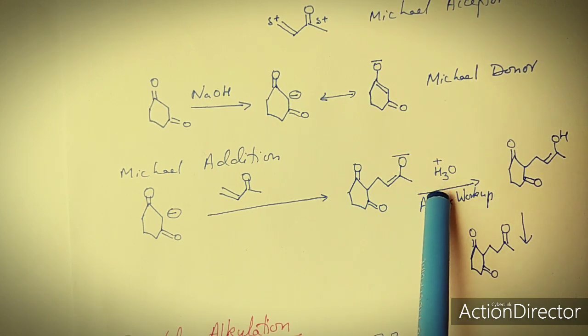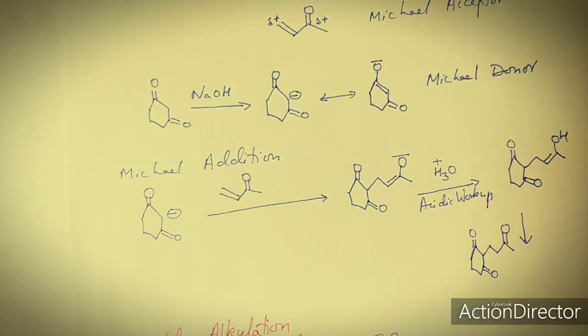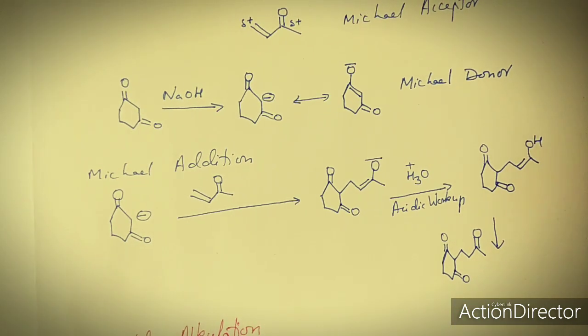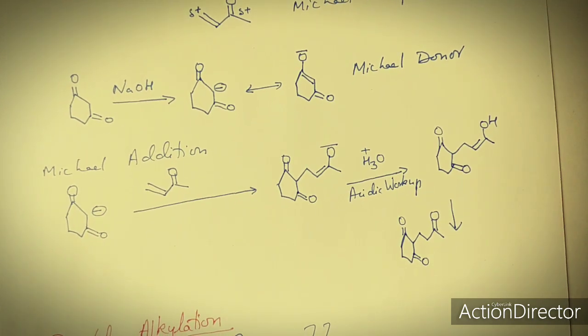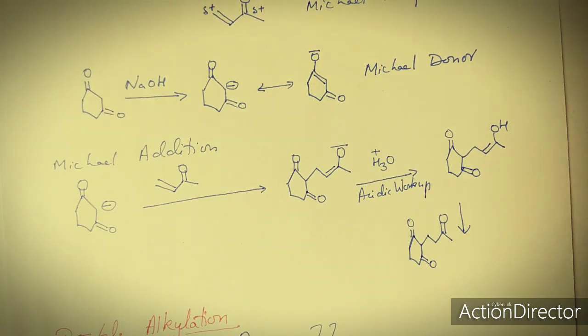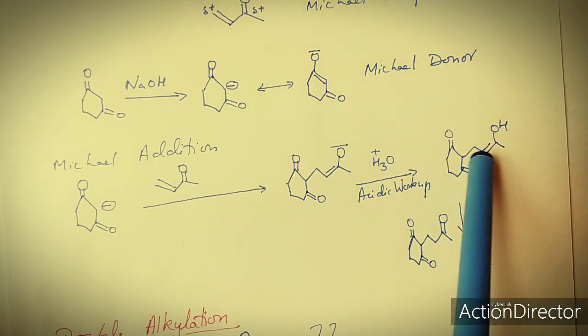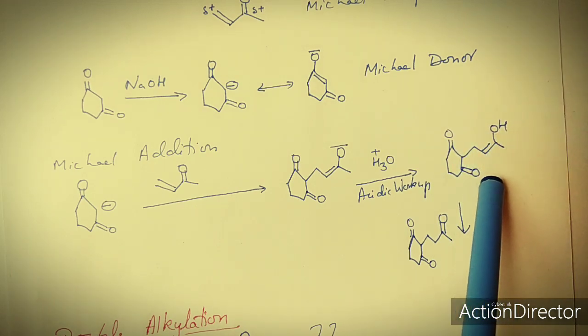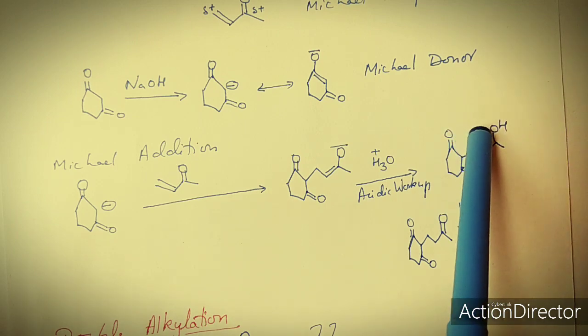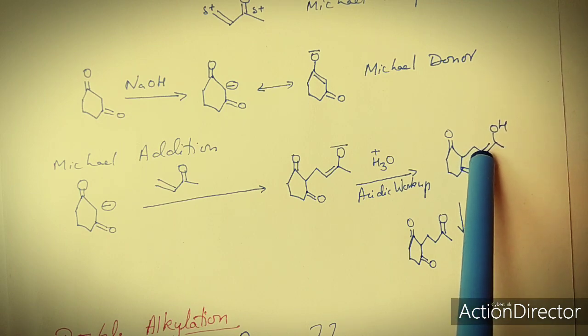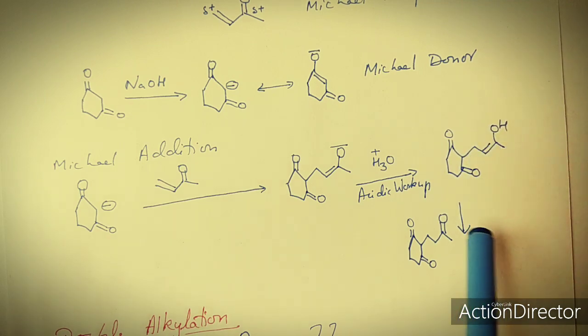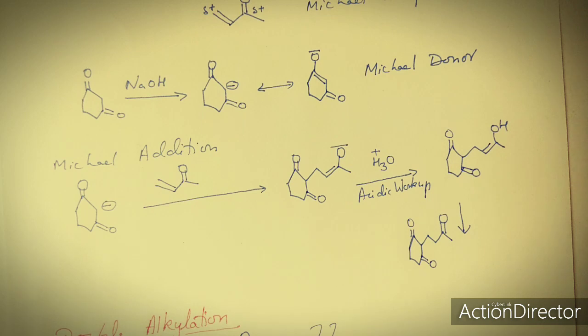This bond will take up an H positive from the acidic workup, and hence we will get this type of an enol, and therefore this will form the more stable carbonyl from the enol. So this will take H positive from here, leaving the negative charge electron pair here. So this will move here, and this carbon electron pair will move here attached to the H positive. So we get as a result our Michael product.